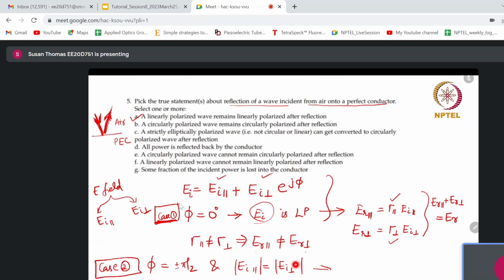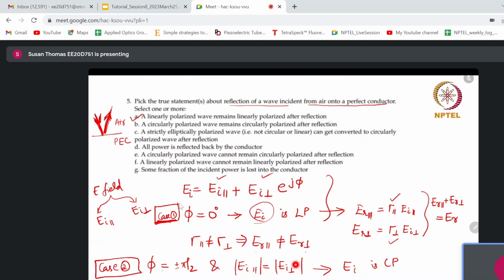Then we say EI is circularly polarized. That means the incident field is circularly polarized. Then how about the reflected field? Let's have a look at what happens to the reflected field.